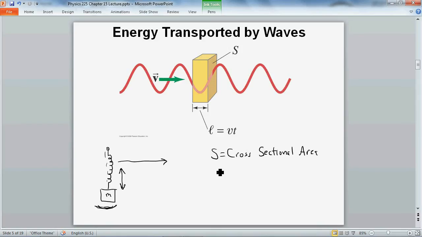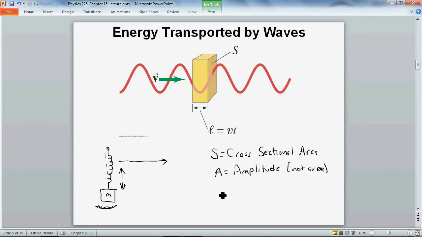And the reason why we use S instead of A for area is because A is used for the amplitude. This is not area. So make sure you have that in your mind as to what S and A are.